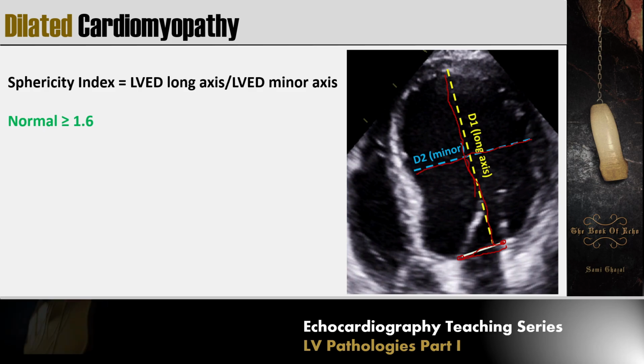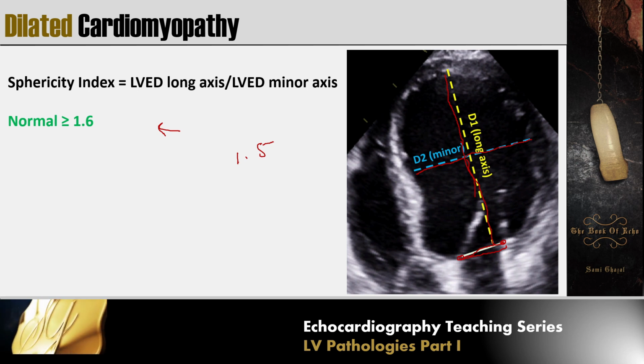Now, the normal ratio should be more than 1.6. If it is 1.5 or less, this is abnormal. And the lower the sphericity index, the worse the outcome and the more remodeling of the LV, and it can also be associated with mitral regurgitation, secondary or functional mitral regurgitation.